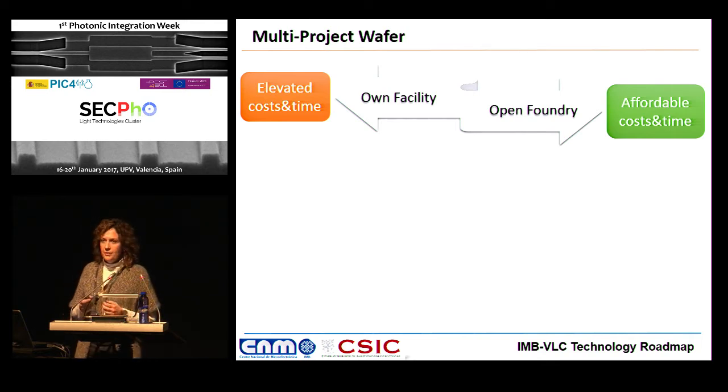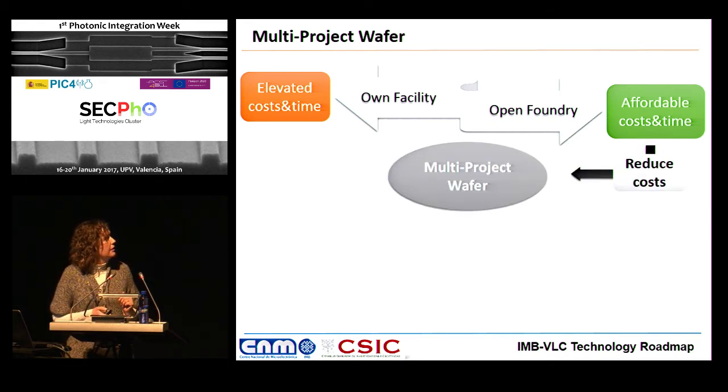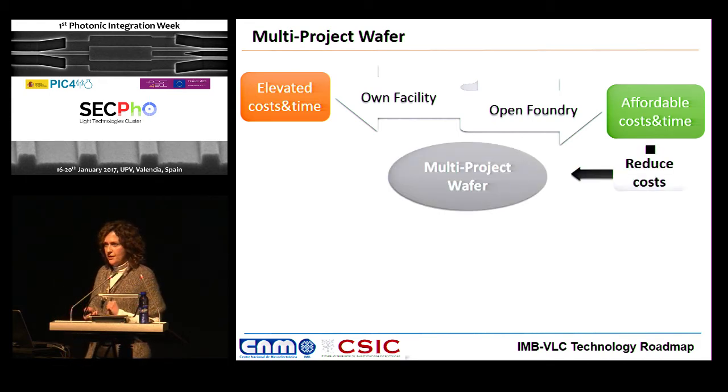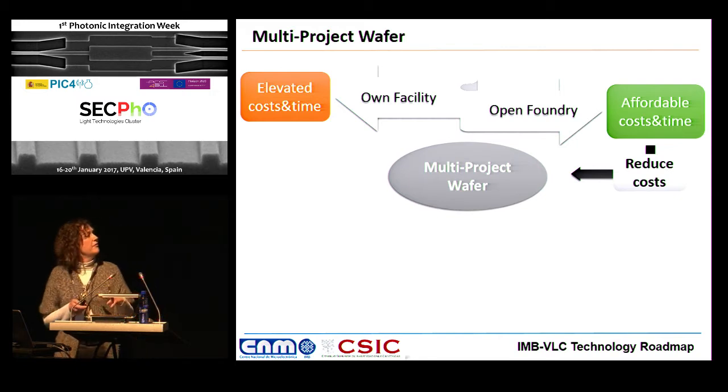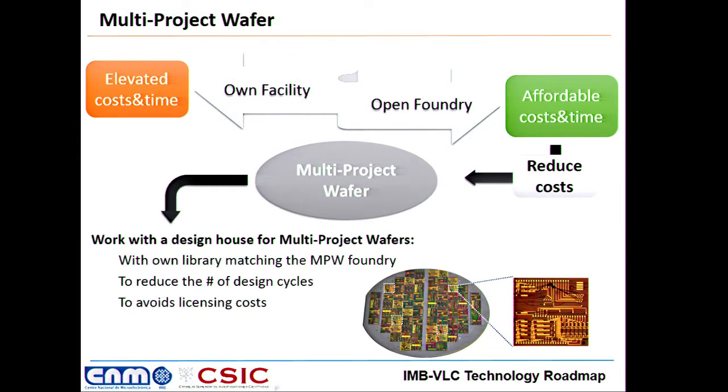But how can we reduce this cost and time consumption a little more? You can enter a multi-project wafer. In a multi-project wafer, you use a design library which is developed and tested by design experts, and this library has been tested and fabricated in a foundry that knows it very well.